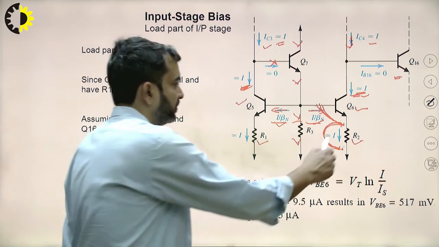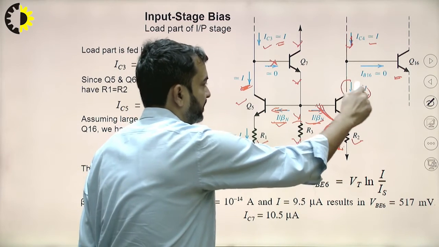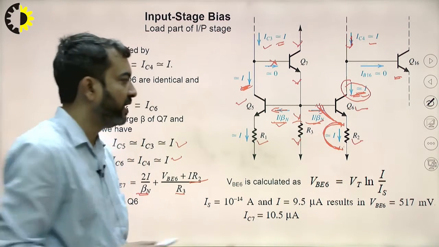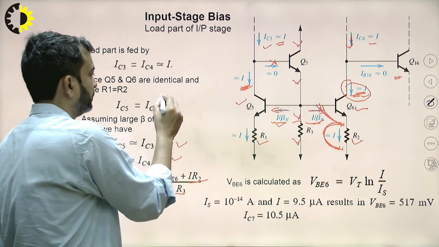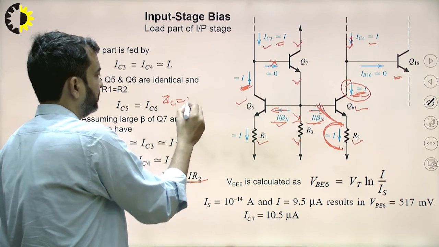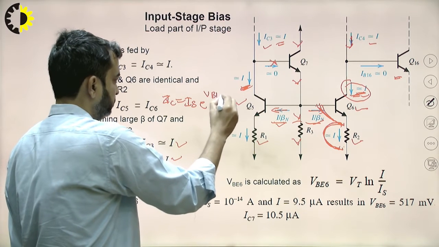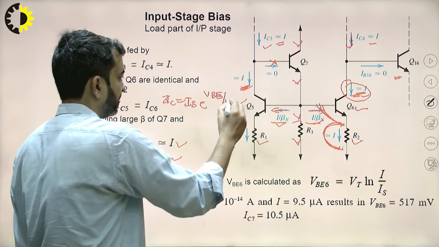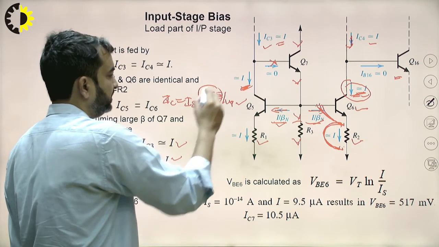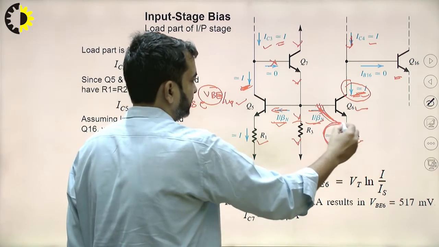Since we have an idea of the collector current of transistor Q6, by using the formula IC is equal to IS exponential VBE by VT, we can calculate the base emitter voltage of transistor Q6.